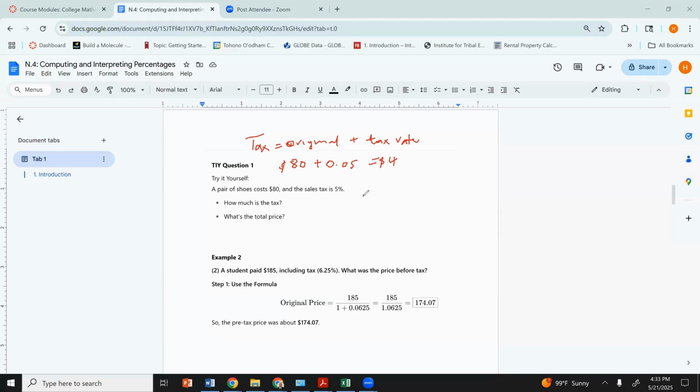Your total price is basically the original price plus the tax. So we're just going to say 80 plus 4, which is 84. So this is the total amount that will be paid to get this pair of shoes at 5%. So that was your try it yourself question. Let's see the next exercise.